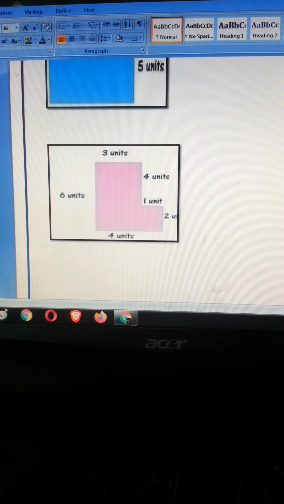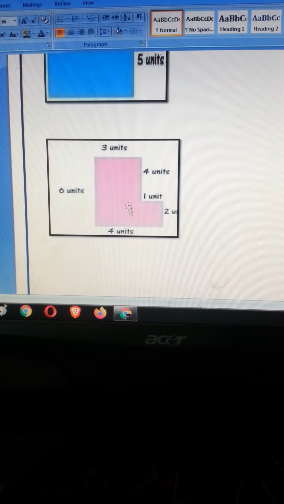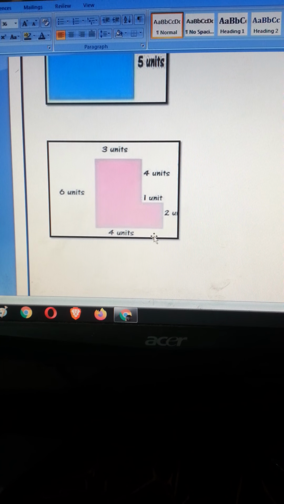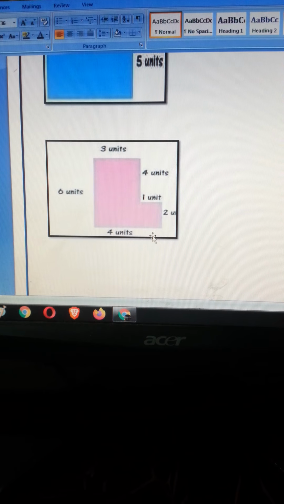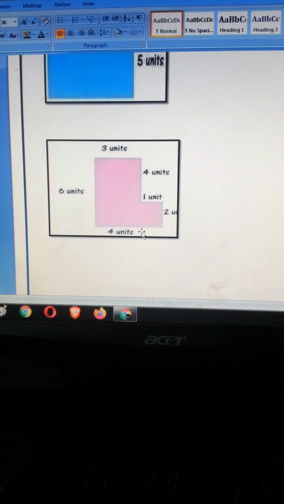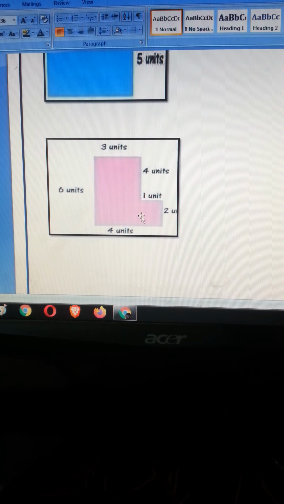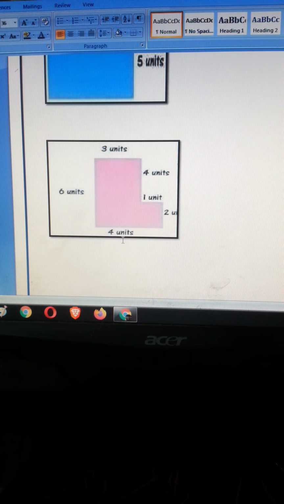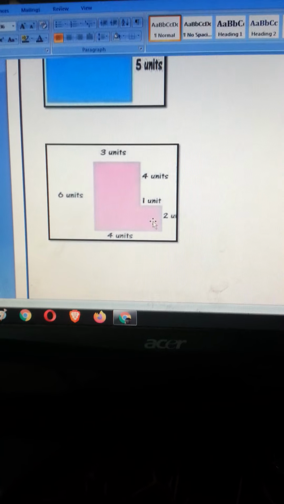Now what we have to do is look at the next figure, for which we have to find the perimeter. We don't have to worry about dividing this figure into rectangle or square form.